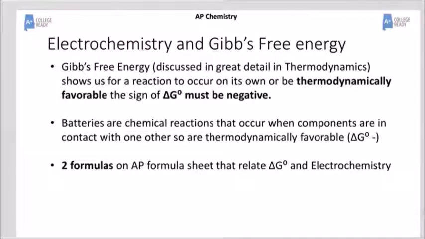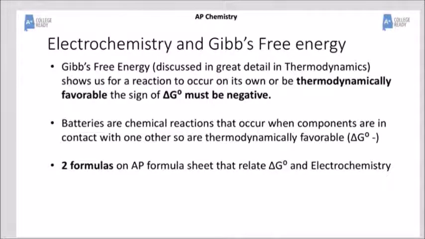Now, we have this concept called Gibbs free energy, and it will be discussed a lot in thermodynamics. So just for right now, all we really need to understand about Gibbs free energy is the sign of it tells us if a reaction is going to happen or not on its own. Okay, and when we say a reaction happens on its own, it doesn't have to be fast.